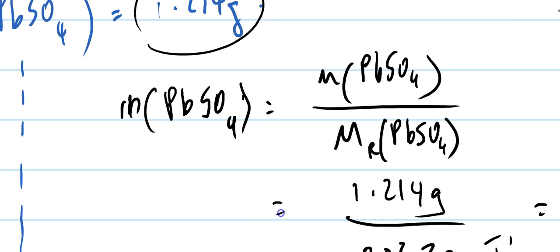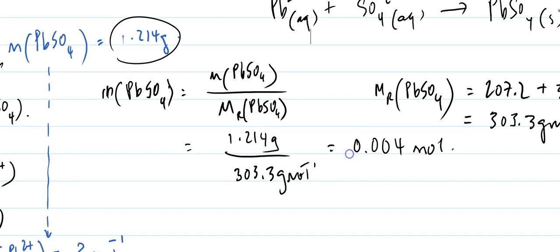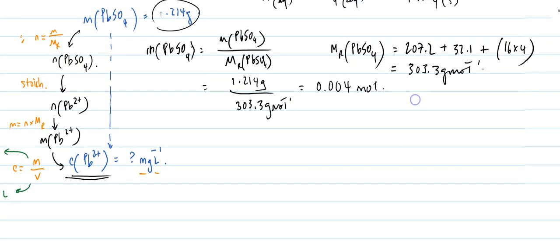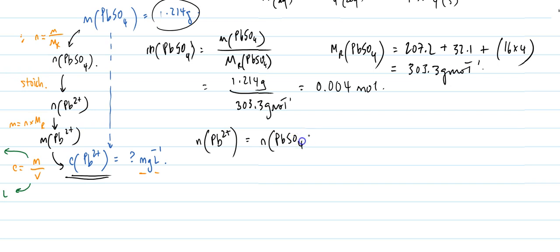You can just do that by looking at the formula, or you can write out an equation. Either way is fine. But the thing you have to show is that the number of moles of lead ions is the same as the number of moles of lead sulfate, because for every lead sulfate unit you have 1 lead ion. It's crucial that this is made very clear.